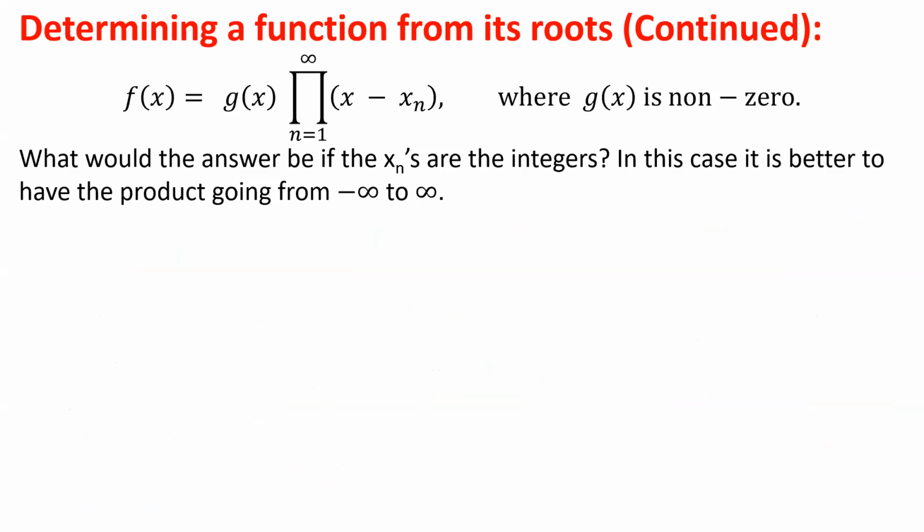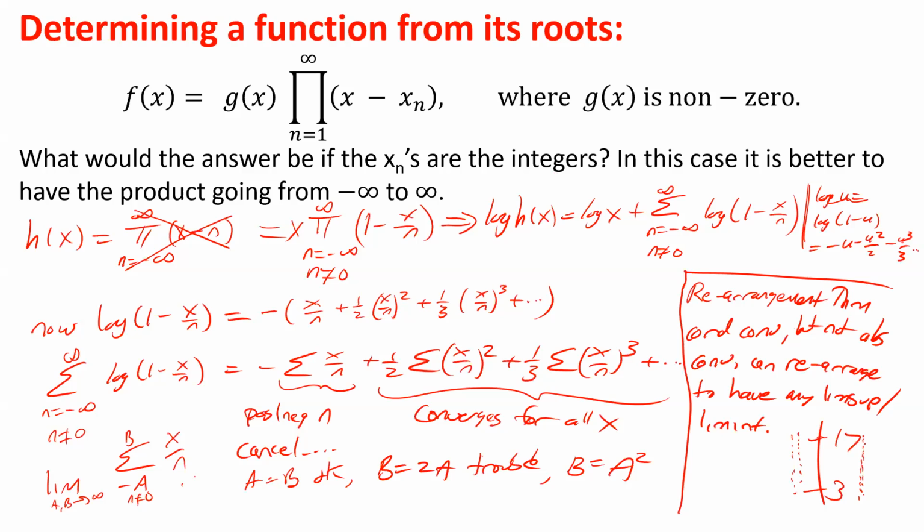So we want to fix the product of 1 minus x over n. Any thoughts as to how we might fix it? Well, if you go back here, the problem was we wanted to have cancellation.